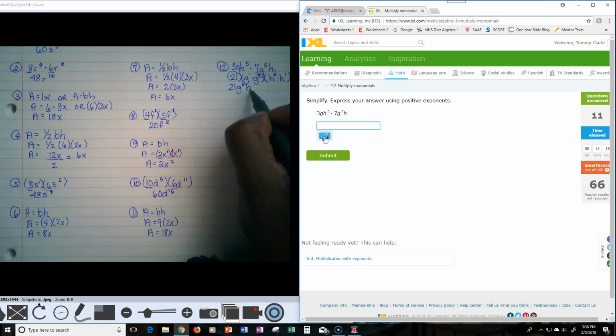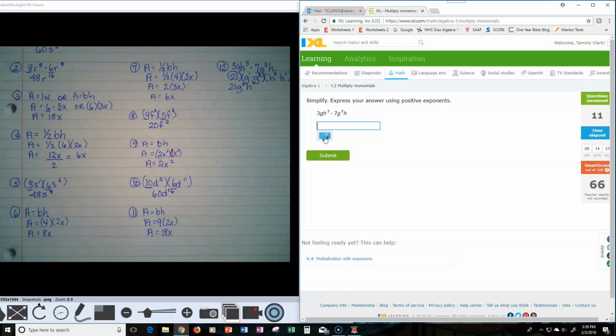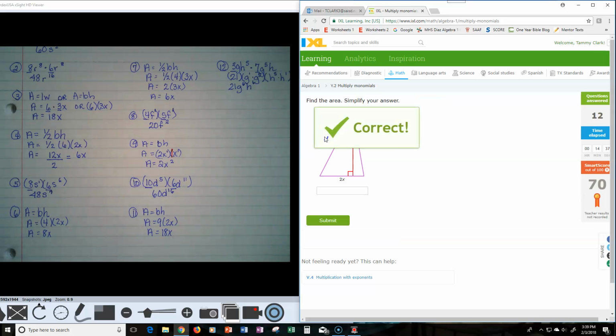H to the fifth power multiplied by h to the first power, we keep our base of h, add our exponents. 5 plus 1 is 6. So our answer would be 21 g to the sixth h to the sixth.